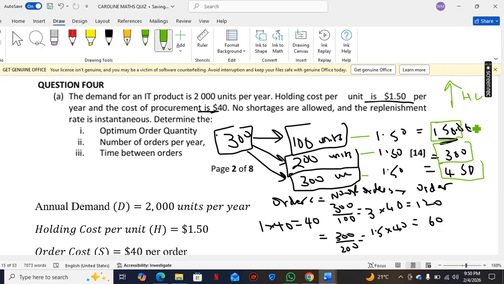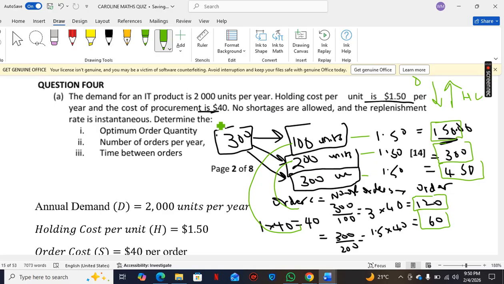But at the same time, the more you order, your order costs are going down. When we ordered 100 units, our order cost was $120. When we ordered 200 units, our order cost went down to $60. So order costs are going down while holding costs are going up.